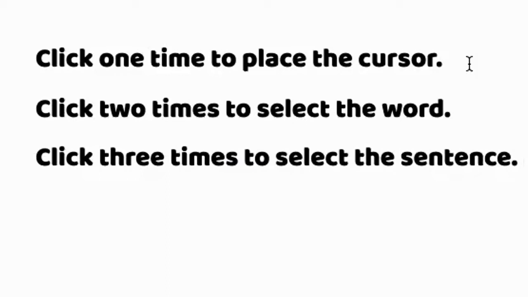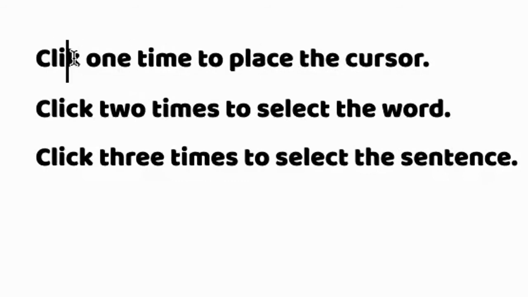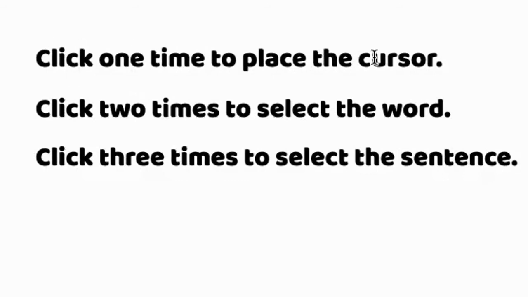Now let me explain what this is. You'll notice that when you have your cursor and you click just one time, it is going to help you change or add a letter. It just will move your cursor. So you just click your little mouse pad one time to put the cursor where you want it.